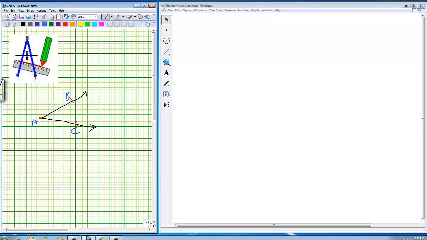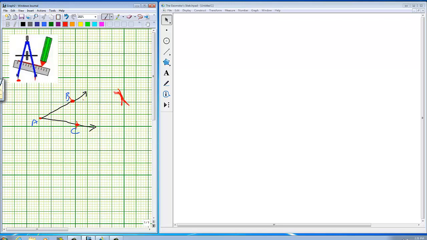Now I'm going to place the point of my compass on B, and then I'm going to keep the same setting on the compass, strike my arc, and then I'm going to leave the same setting on my compass, put the point on C, and I'm going to strike my second arc crossing the first arc.